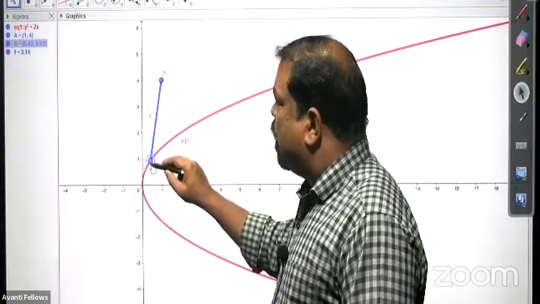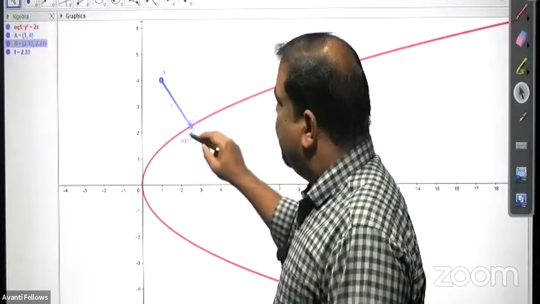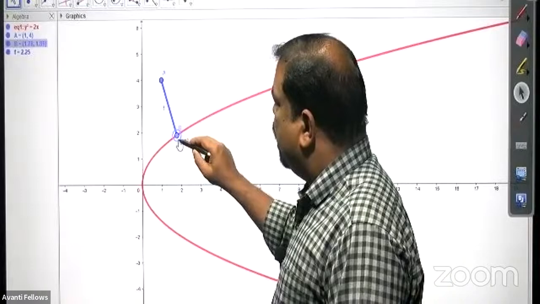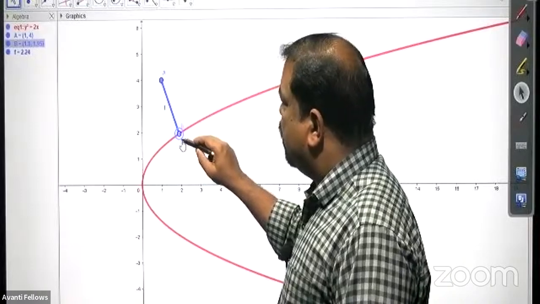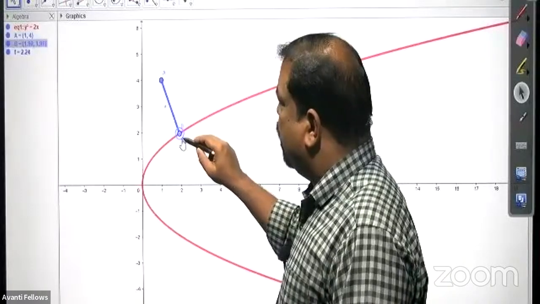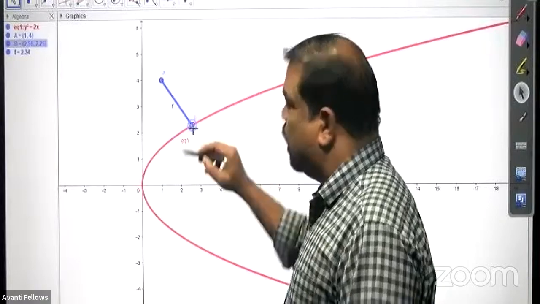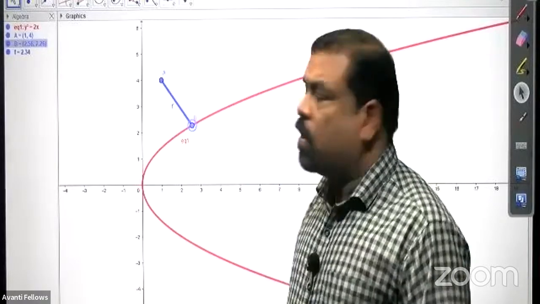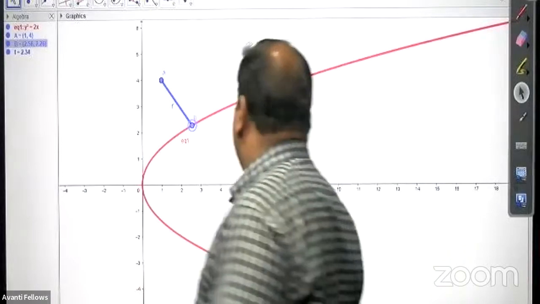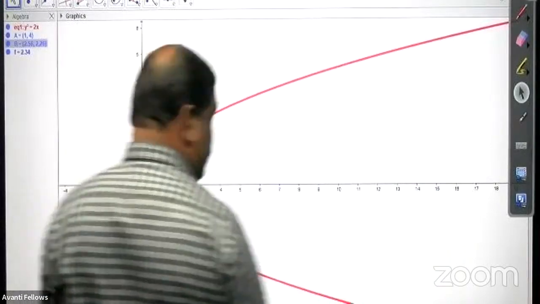If you draw the graph exactly, sometimes we may be able to get the answer by looking at the graph also. Somewhere it may be near 2, 2 maybe. We will see exactly. Algebraically, we will find exactly what the coordinates of the point B must be.